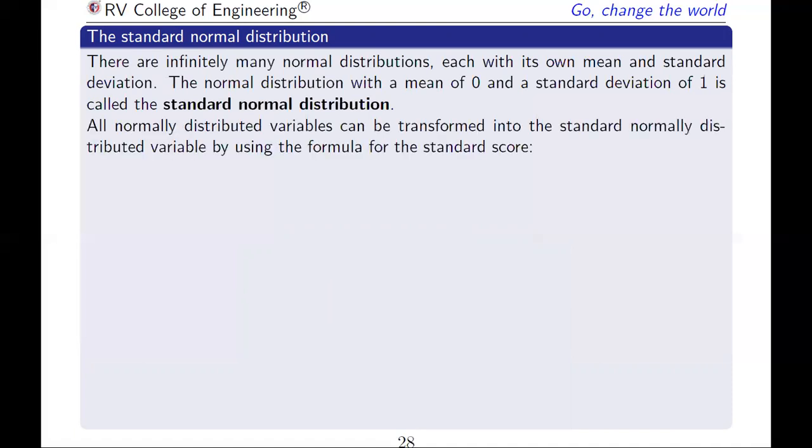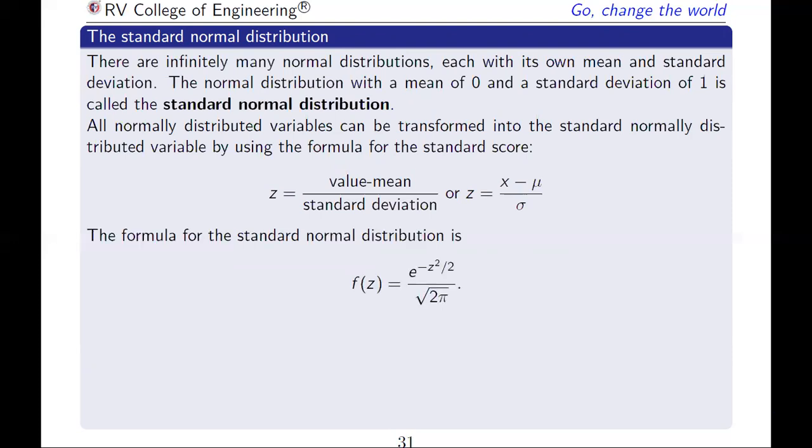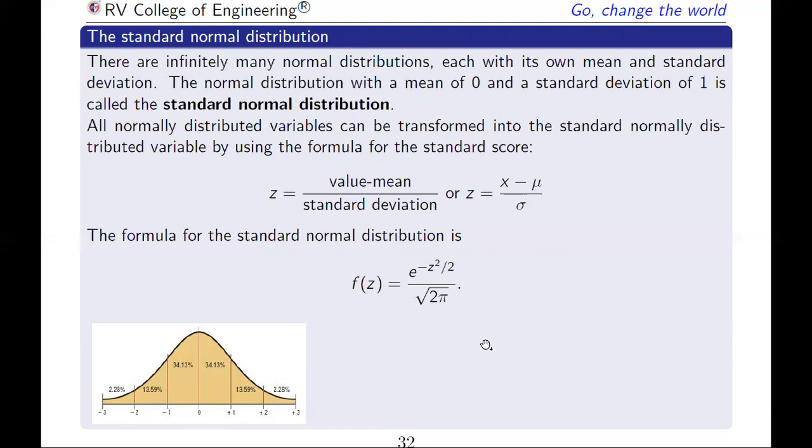All normally distributed variables can be transformed into the standard normally distributed variable by using the following transformation, which is in terms of x, mu, and sigma. Then the formula for the standard normal distribution is this. This is the graph, where here we have the value z. We see that the mean is equal to 0 with standard deviation equal to 1.